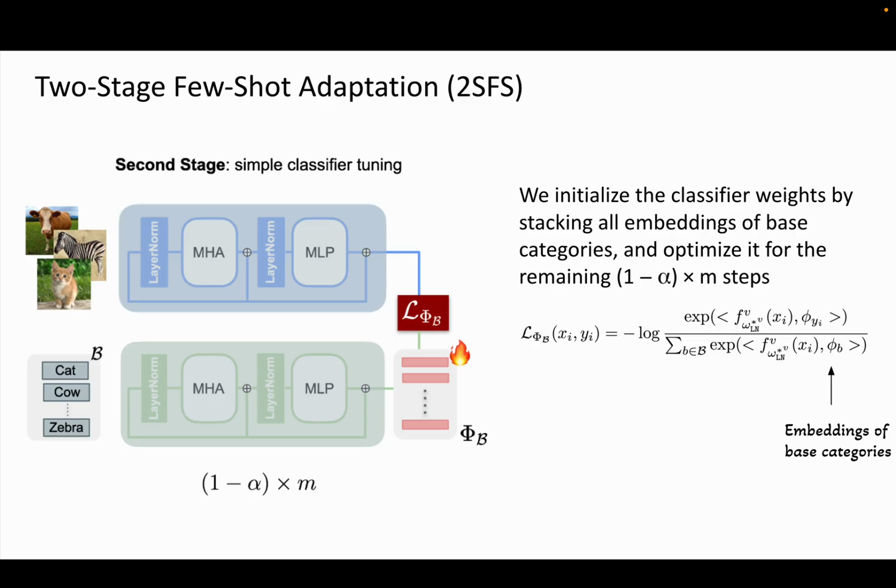And for the remaining iterations, so M minus alpha M iterations, what we do is that we freeze all the modules and we simply compute the base embeddings, so embeddings of base categories, and treat those as a classifier, and simply proceed with classifier tuning.